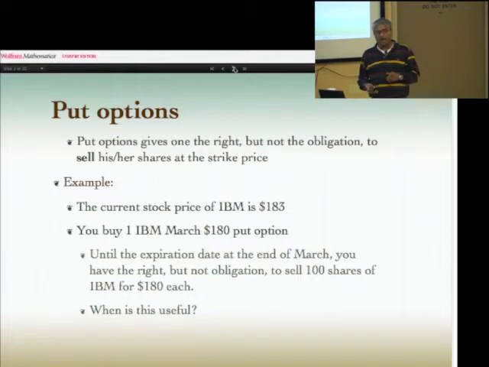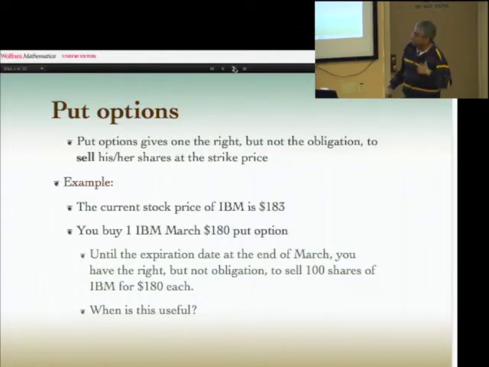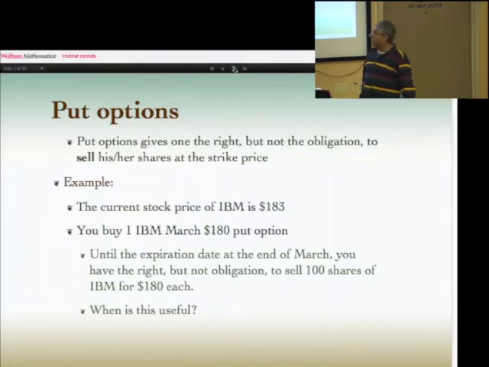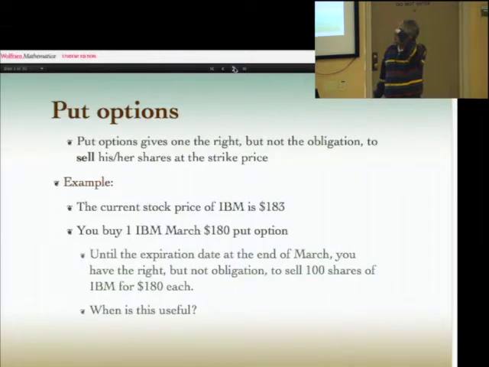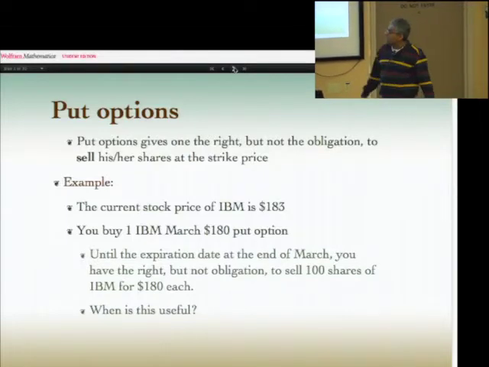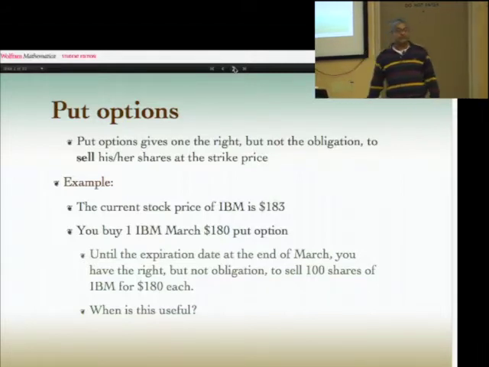So this is, again, buying the put option, buying the right to sell underlying shares at the price stated before its expiration. So again, example, the current stock price of IBM, let's say, is $183 per share, and you've bought one IBM March 180 put option contract. Again, let's parse that statement. You're buying one contract here in this example, which is for 100 underlying IBM shares, to sell 100 underlying shares.